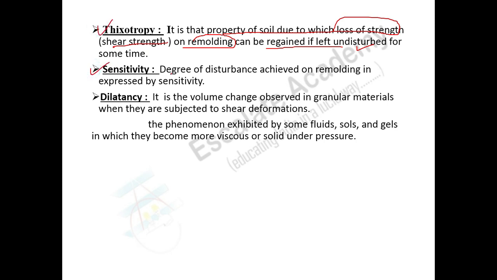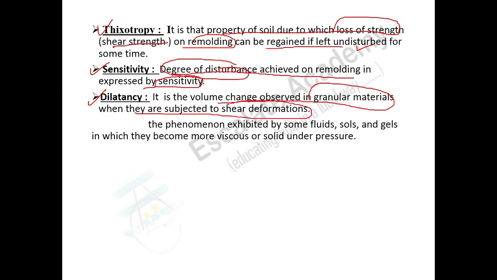Then sensitivity: the degree of disturbance achieved on remolding is expressed by sensitivity. Then dilatancy. What is it? It is the volume change observed in granular material when subjected to shear deformations.